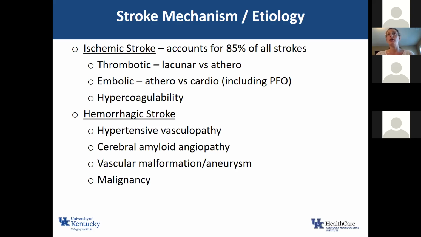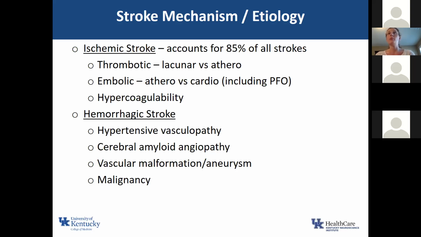You can also have cardioembolic, either from LV thrombus because the patient has a reduced ejection fraction from a prior injury or cardiomyopathy. Paroxysmal atrial fibrillation is one of the most common causes as well. But then don't forget the paradoxical embolism in patients with a patent foramen ovale or PFO.